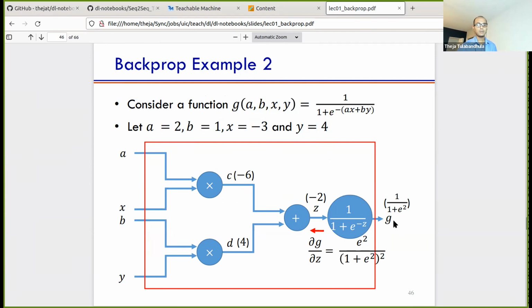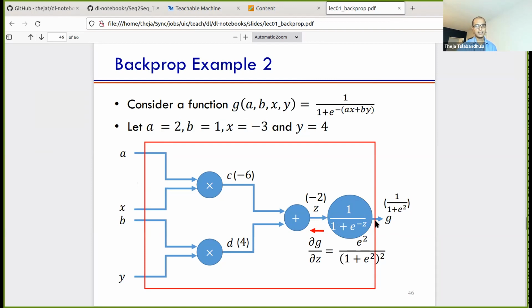Our goal is to find the gradient of g with respect to its inputs: the gradient of g with respect to a, with respect to x, with respect to b, and with respect to y. I'm also giving you the current values of a, b, x, and y, which could also be needed. Again, the backpropagation idea is to pick nodes and compute the local gradient.